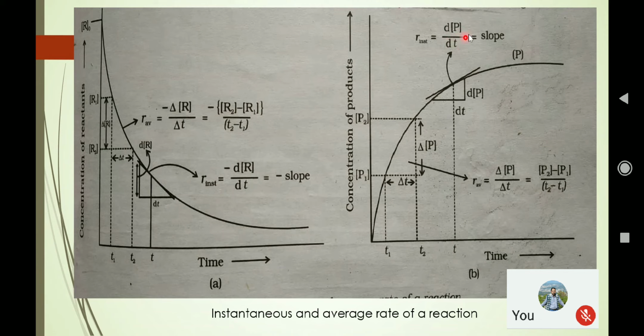So this must be the rate of formation of product, the instantaneous rate.